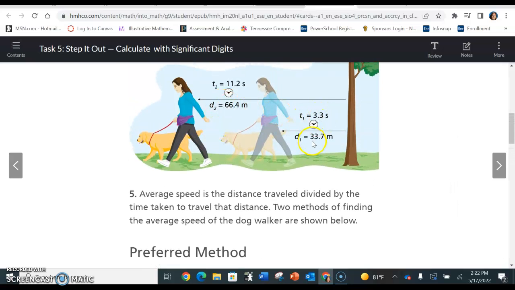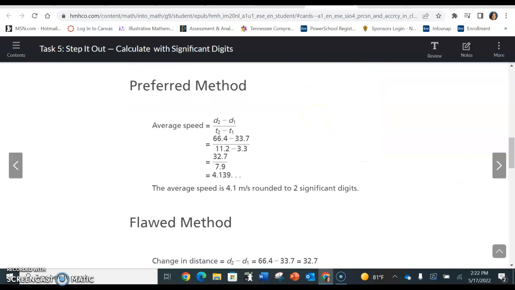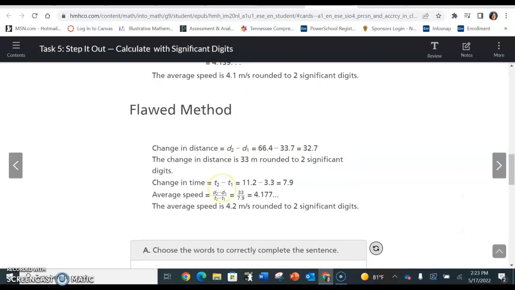So we're taking the numbers there and then simplifying. They left all the numbers exactly the same. They divided it. Once they get this number here, then the average speed is 4.1 meters per second, and that's rounded to 2 significant digits. Since the smallest number here is 2, we need to round this to 2, but we're not going to do it until the last step.